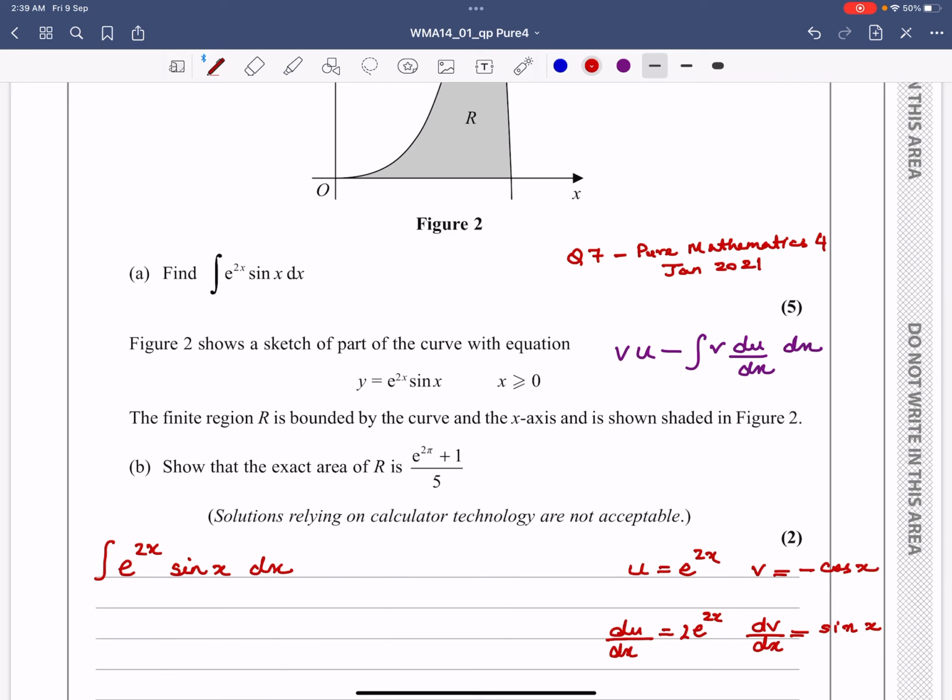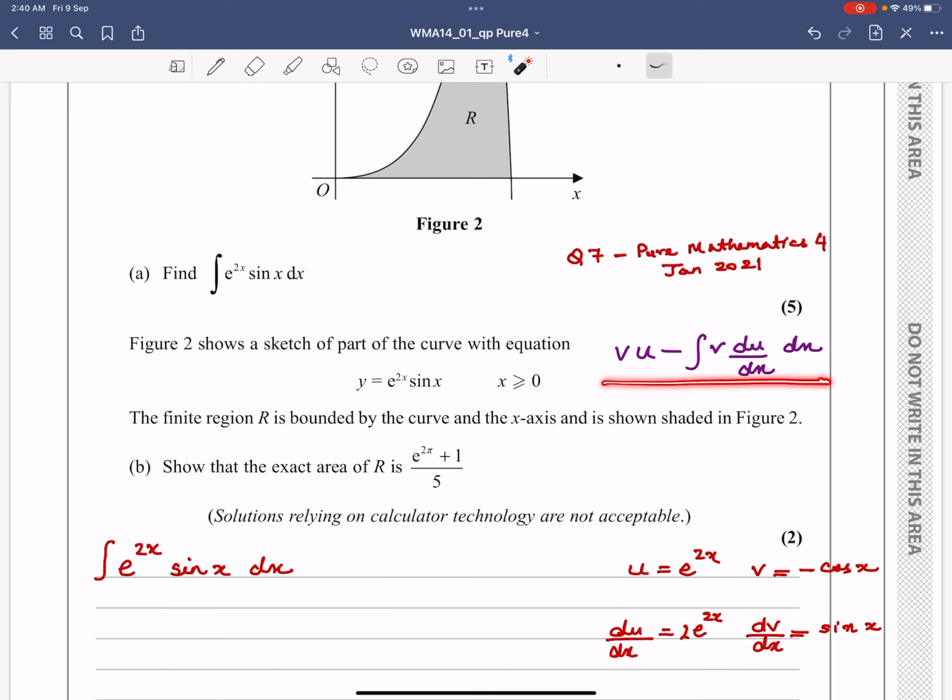So now that I have managed to find my du/dx and my v, I can plug these into the formula for integration by parts. First I will multiply u and v together, and then minus the integral of v into du/dx. So we just need to substitute values into this formula.